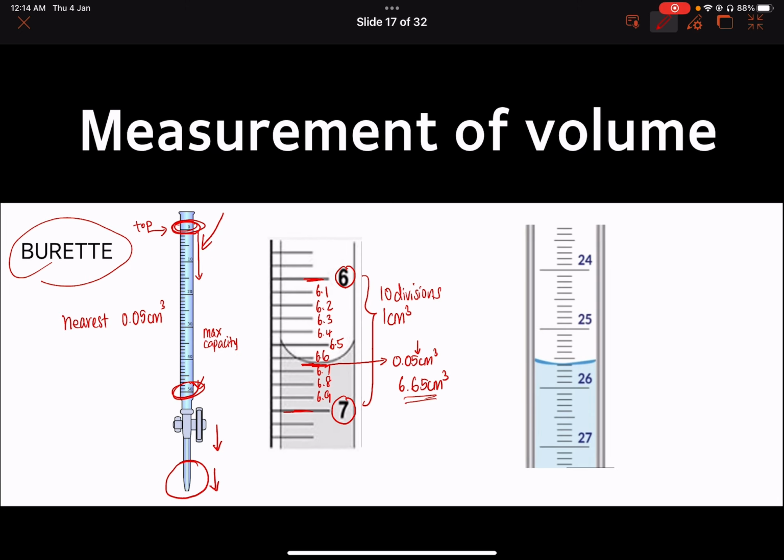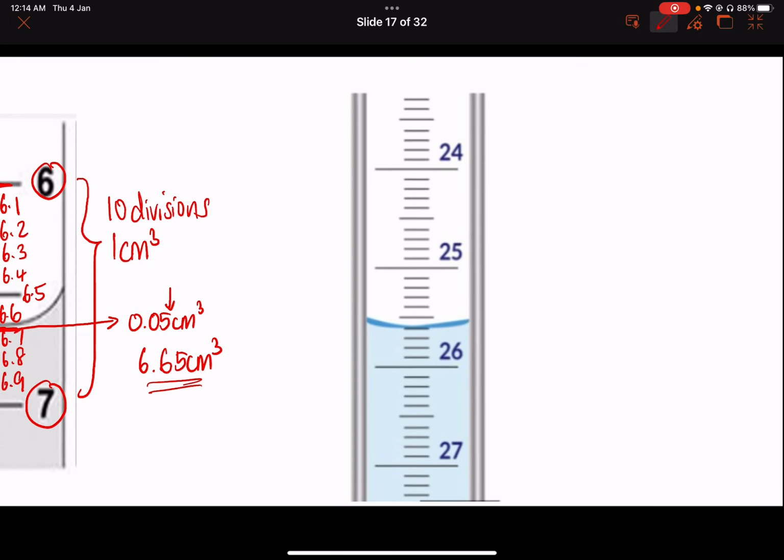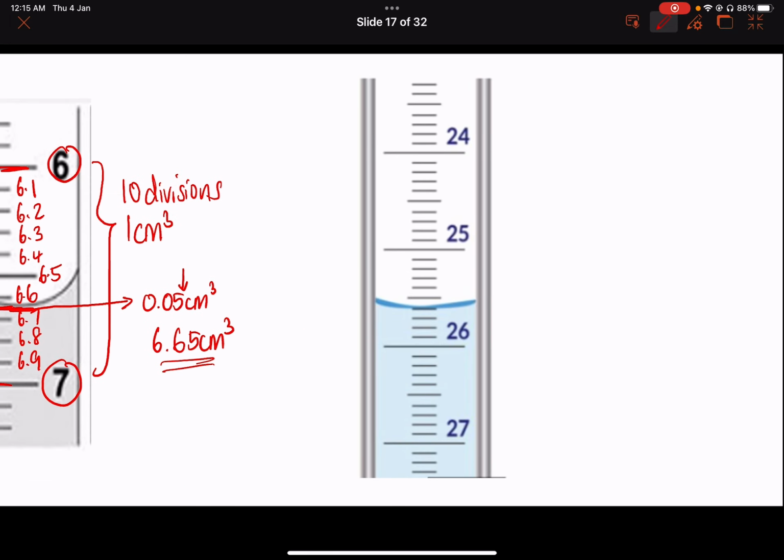So shall we look at the reading over here? This is once again a burette reading. You can tell this is 25 and 26, so the value is between 25 and 26. It must be 25 point something. Since each division is 0.1, this tells me that this is 25.1.